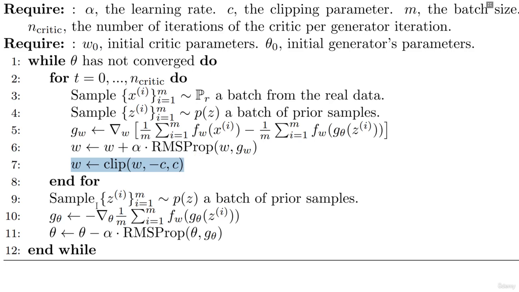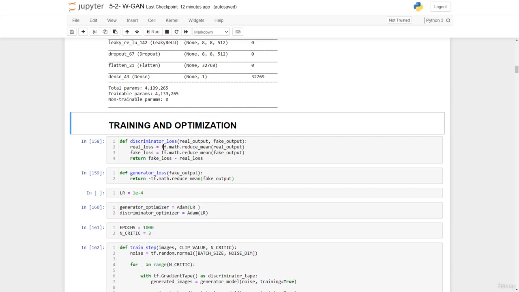Then for the generator loss, we had seen that simply here we needed to sum the generator outputs when the input is fake data. And so applying that, we have for the discriminator loss the reduce mean of the outputs from the discriminator when it takes in real data, and then the reduce mean of the discriminator output when it takes in fake data.